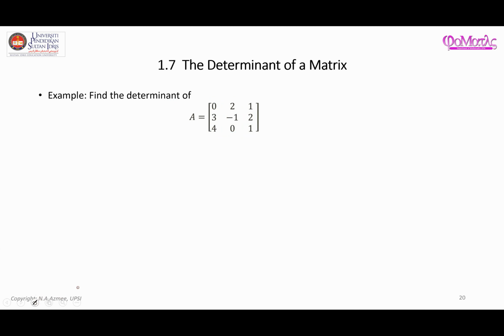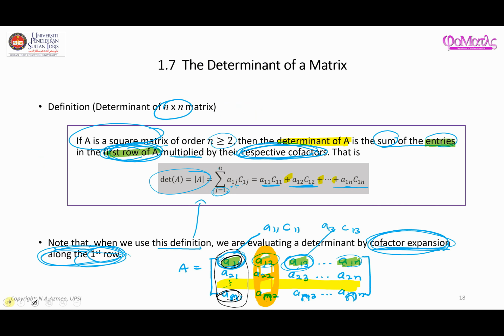Maybe we can consider first row expansion. Okay, so here I want to find the determinant of matrix A. And according to the formula that you have seen here, if you want to consider first row expansion, this is the result: A11 C11, which means A11 with the cofactor, A12 with the cofactor, and so on until the last one with the cofactor.